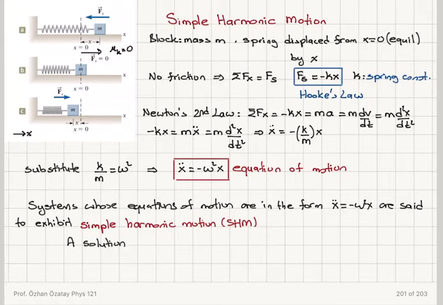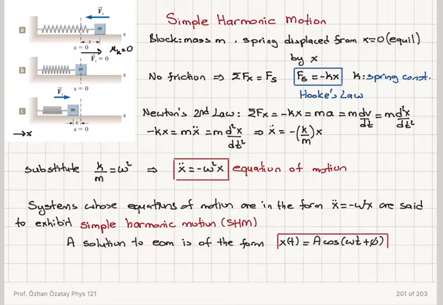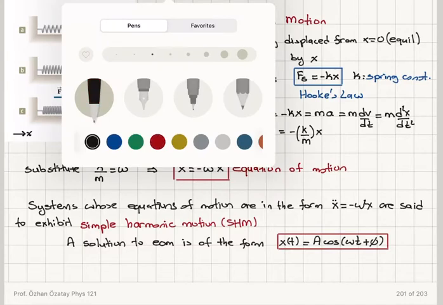Okay, now that we know this equation, what is the solution to this equation of motion? We can say a solution to the equation of motion is of the form x of t is equal to A cosine of omega t plus phi.